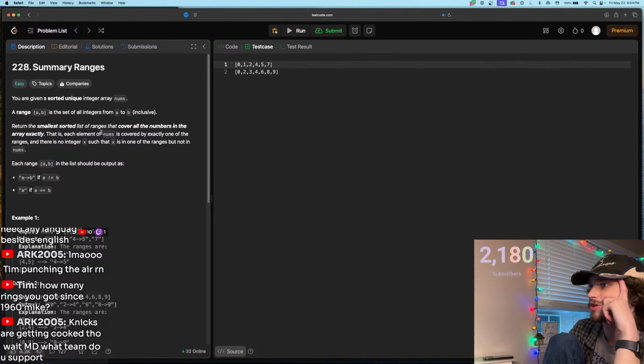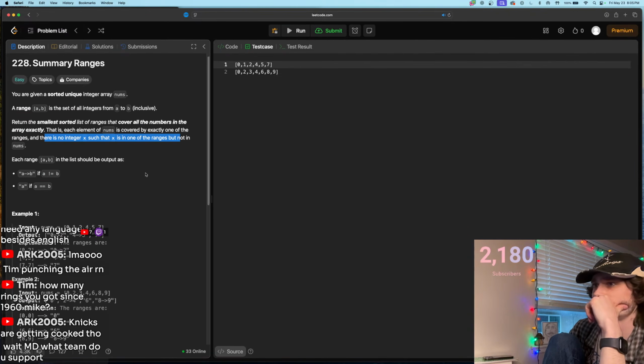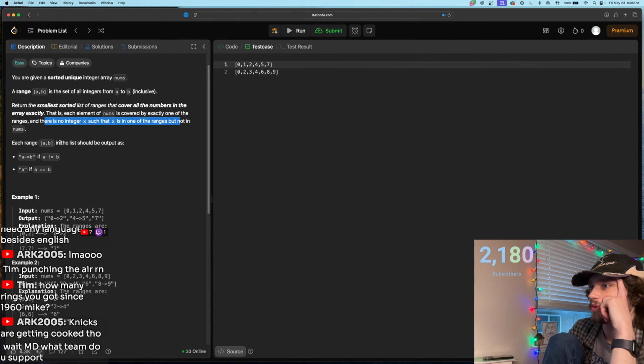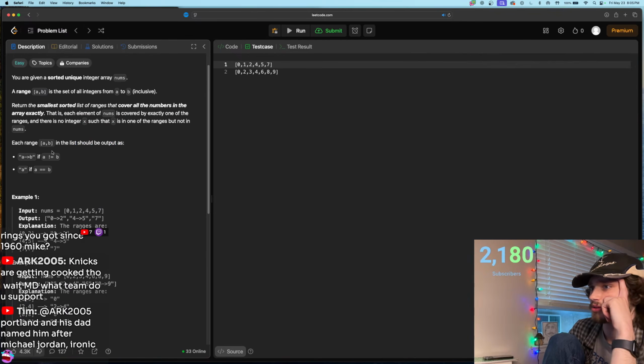That is, each element of numbers is covered by exactly one of the ranges, and there is no integer x such that x is in one of the ranges but not in numbers. Each range A to B in the list should be output as "A->B" if A is not equal to B, and "A" if A is equal to B.